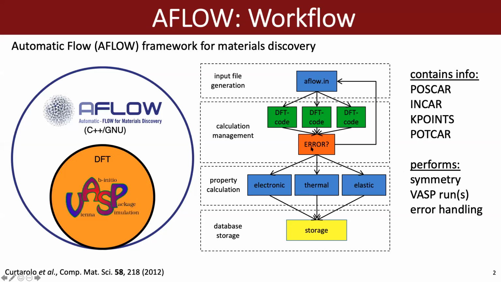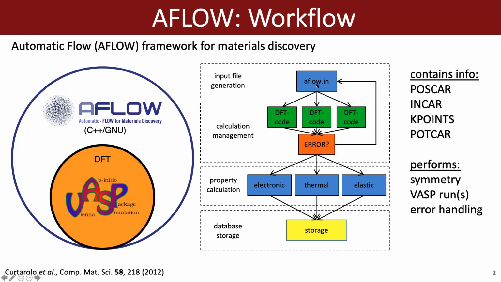In addition, we won't really highlight it here today, but sometimes DFT or VASP may give you an error. There may be something wrong with either the geometry or some type of common VASP output error, and AFLOW can automatically handle some of these errors. It will change certain parameters in the aflow.in and then resubmit the calculation.